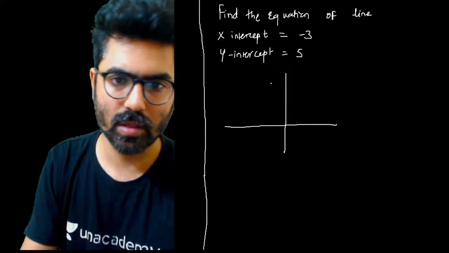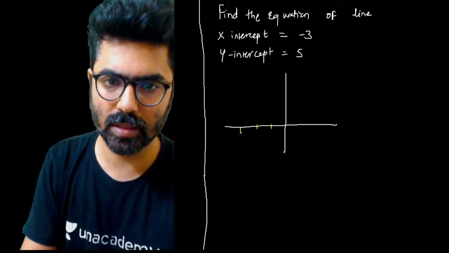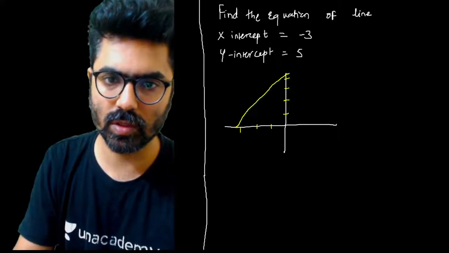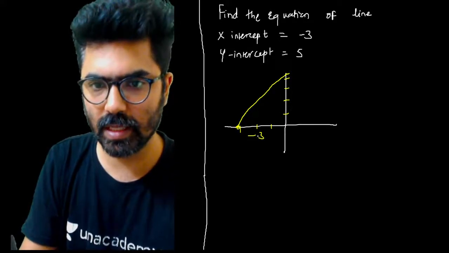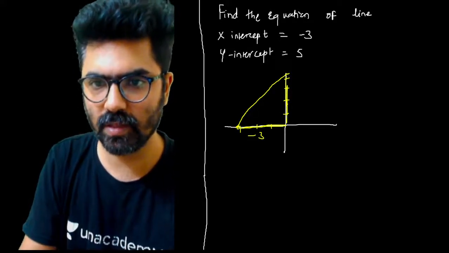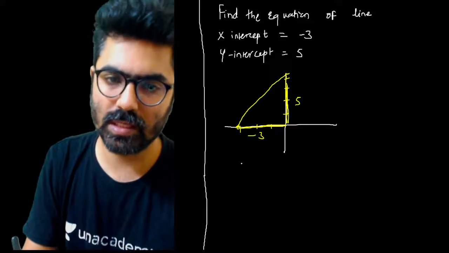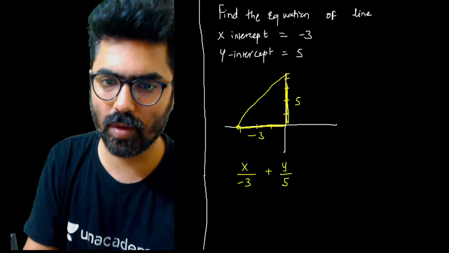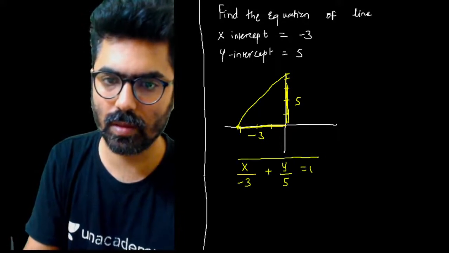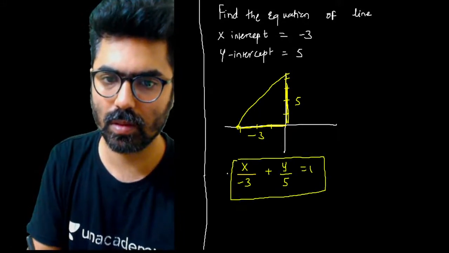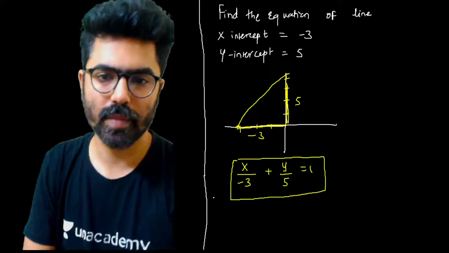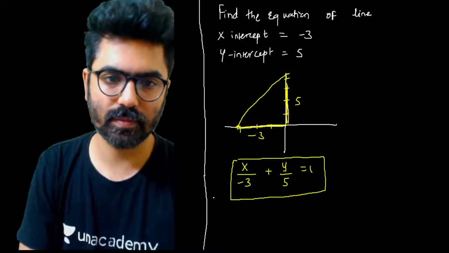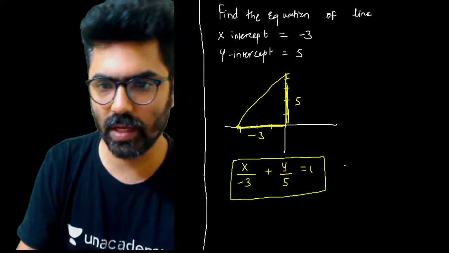If you try to draw it, this is minus 1, minus 2, minus 3. This is 1, 2, 3, 4, 5. X intercept minus 3, this one, and y intercept 5, this one. So the answer will be x upon x intercept plus y upon y intercept is equal to 1. Okay, x upon minus 3 plus y upon 5 is equal to 1. This is the required equation of line.